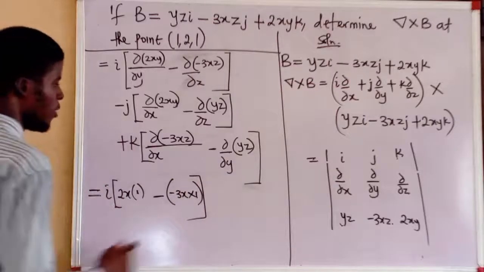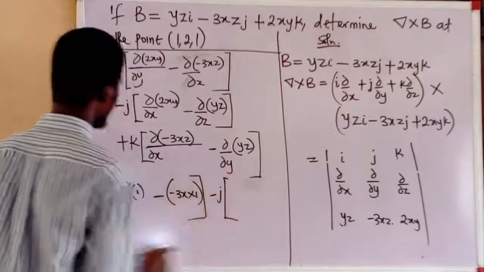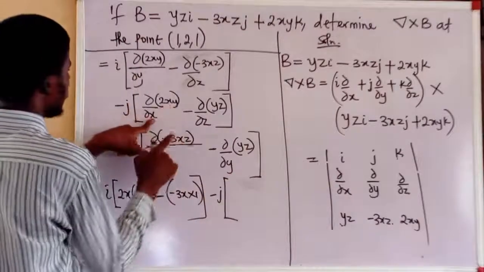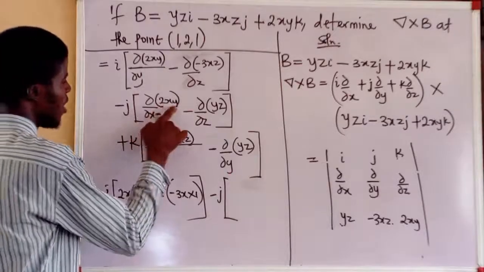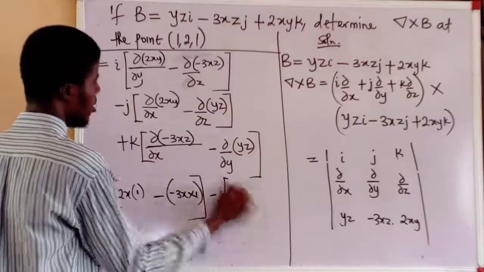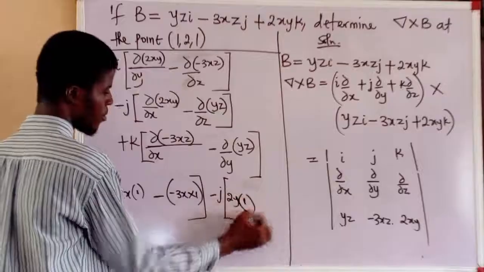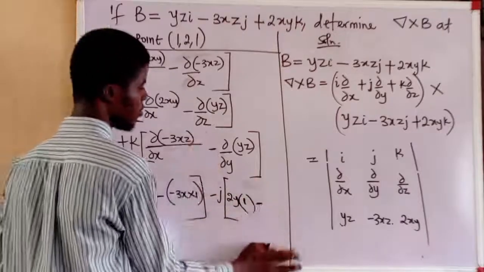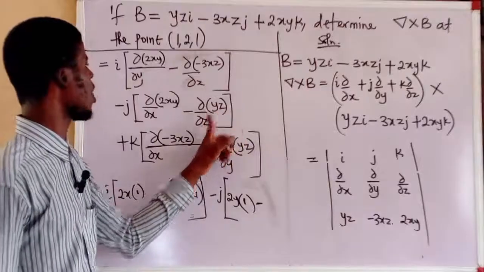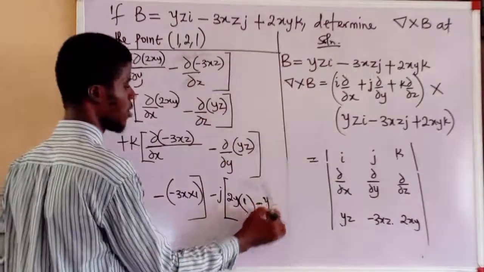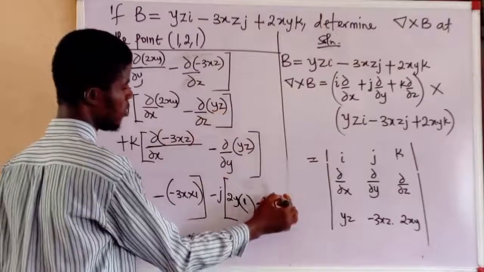Then we have minus j. Differentiate this with respect to x, keeping y as a constant. So if we keep 2y as a constant, differentiate x with respect to x, that's 1, minus, differentiating this with respect to z means that we have to keep y as a constant. Then differentiate z with respect to z, that's 1.